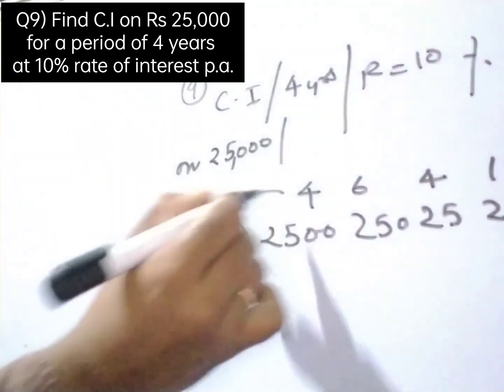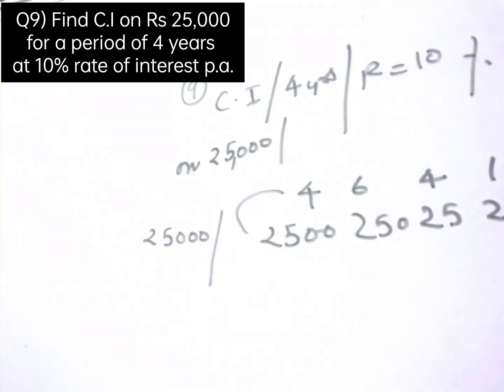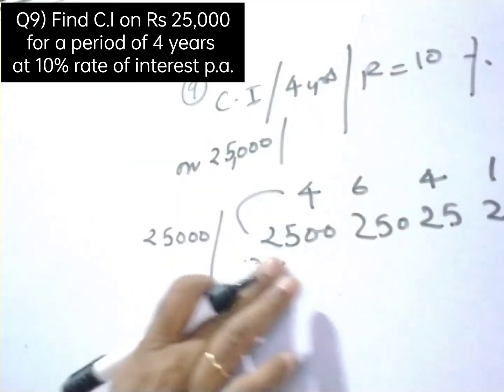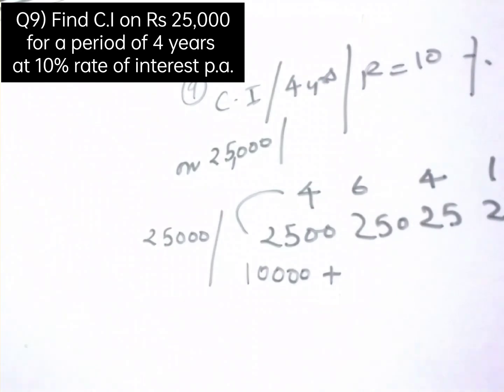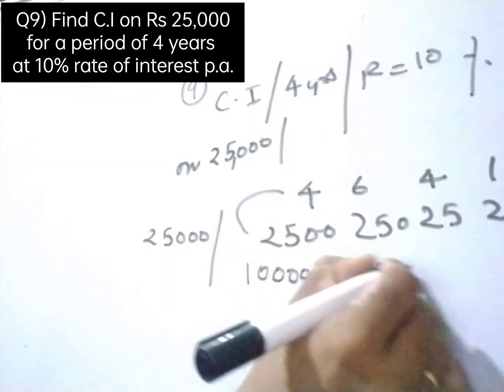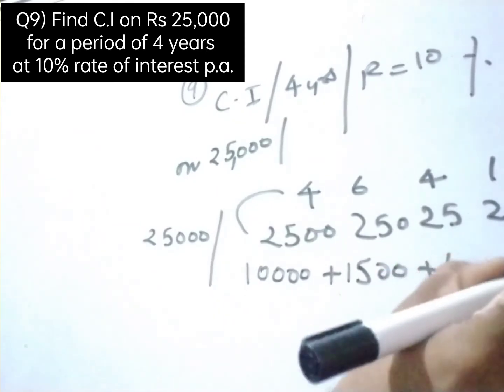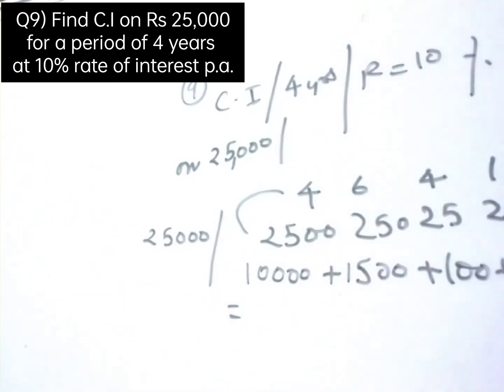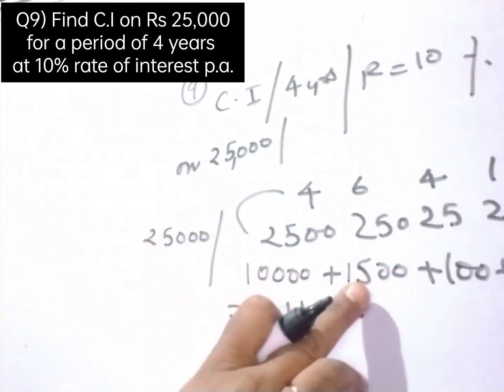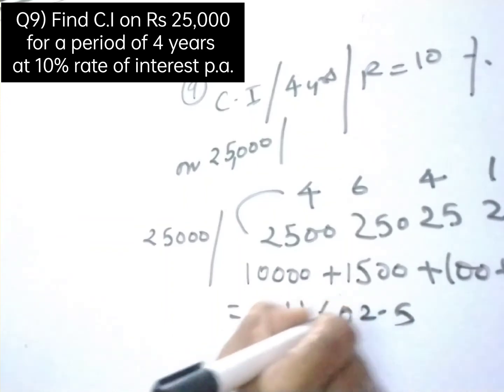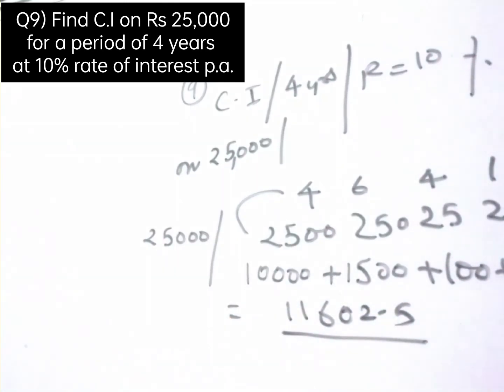So 2,500 into 4, that is 10,000, plus 250 into 6, 1,500, plus 25 into 4, 100, plus 2.5. So total it is 11,602.5.